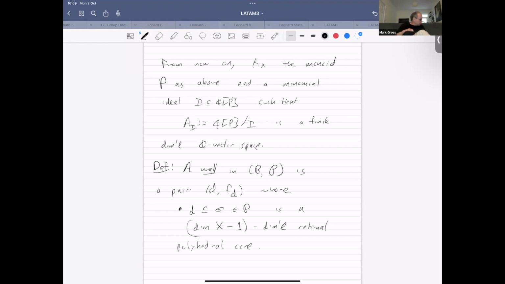So being codimension 1 is what makes it a wall. It separates different chambers.